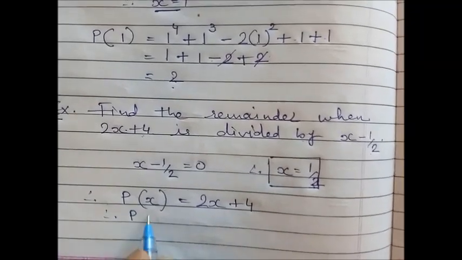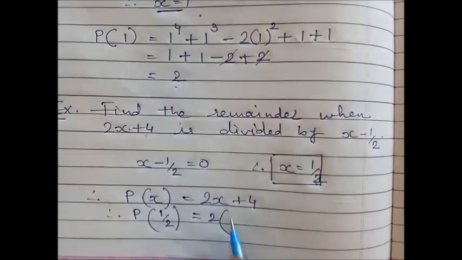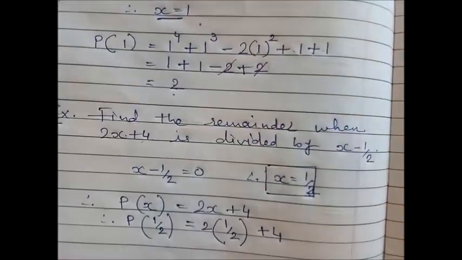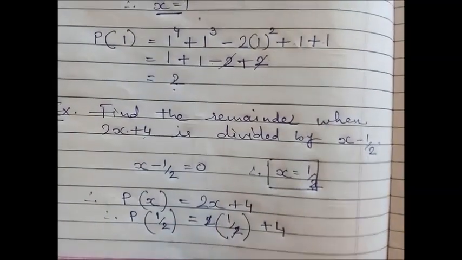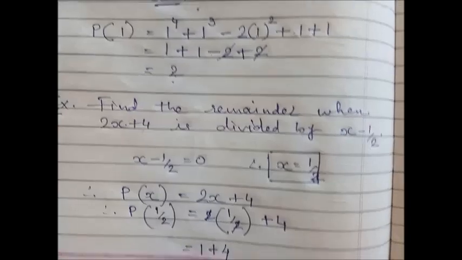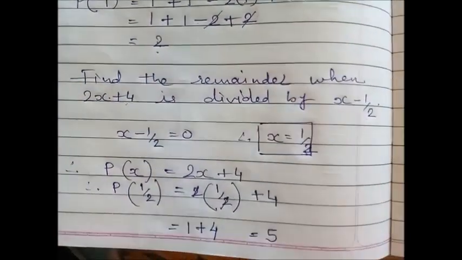Therefore, p of 1 by 2 is equal to 2 into 1 by 2 plus 4. 2 will be cancelled, so 1 plus 4. What is the answer? 5. Right? What does it mean?